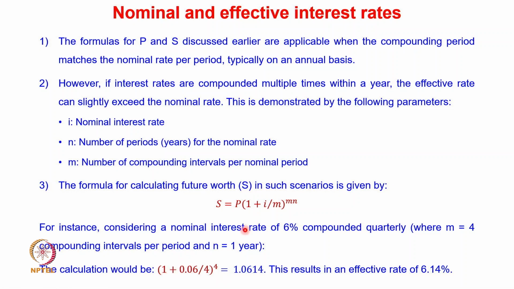The compounding factor will be (1 + 0.06/4)^4, which comes to around 1.0614. You can see that the actual interest rate was 6%, but because of compounding 4 times a year, the interest rate has actually increased to 6.14%. So it's not 6%. The more compounding you perform in a given nominal period, the more your interest rate is going to increase.